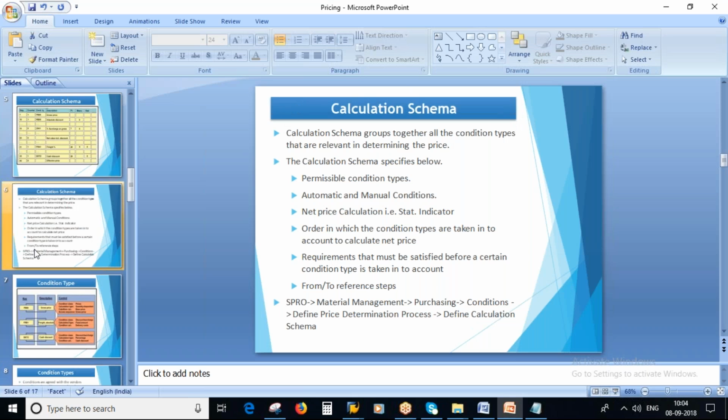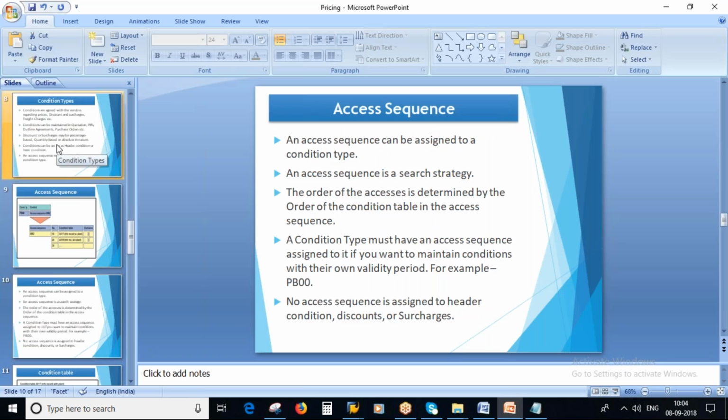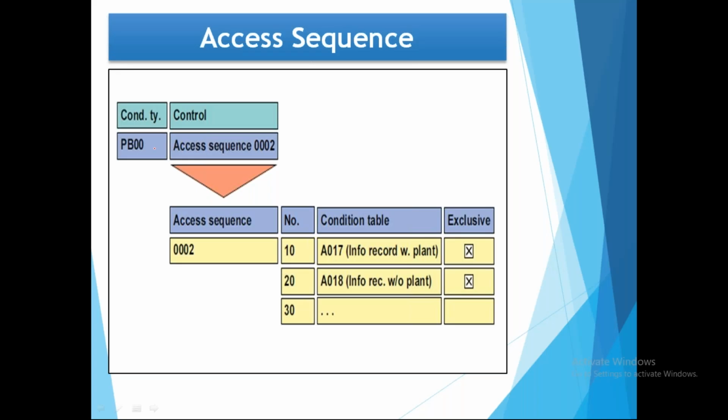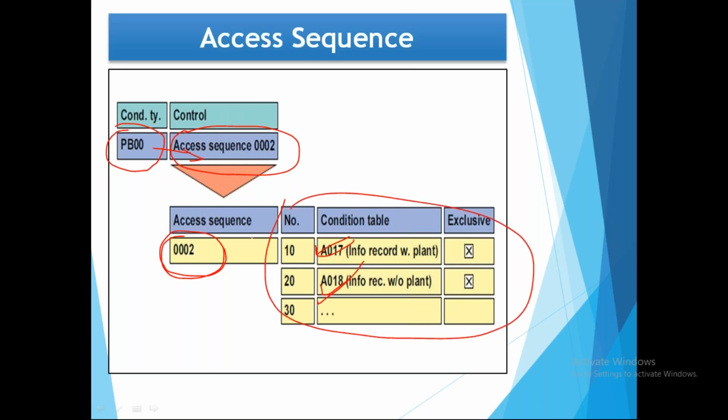So here, an access sequence may be assigned to a condition type. For the condition type they will assign an access sequence. In this access sequence you maintain from which condition table it has to pick the price, in a sequential manner.